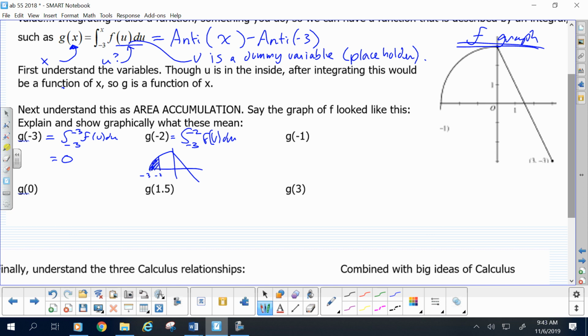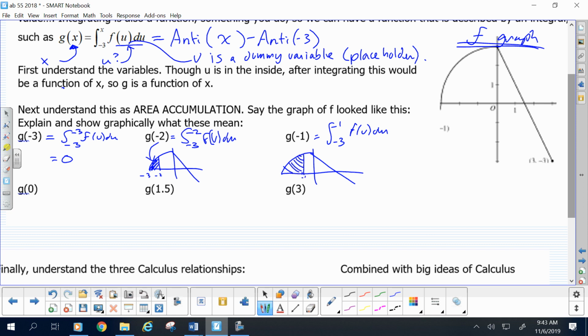G of -2 then represents that shaded area. How much area is accumulated? G of -1 is the integral from -3 to -1 under F. And so we accumulate a little more area. Would G of -1 be more or less than G of -2? More. More, because we're getting more area now.